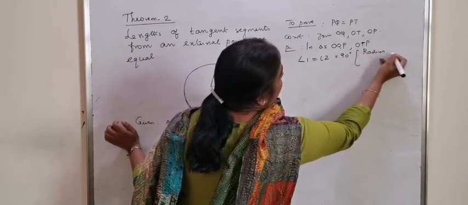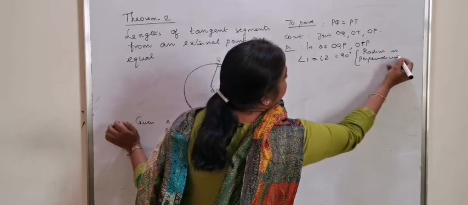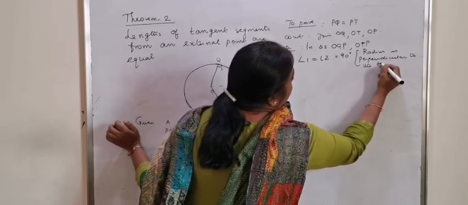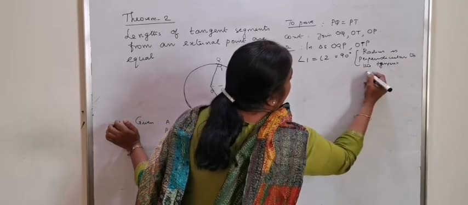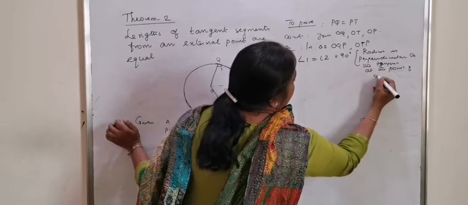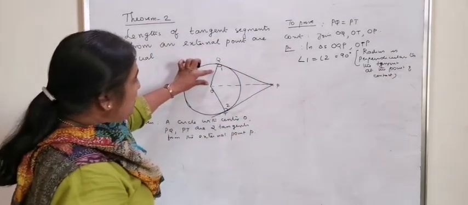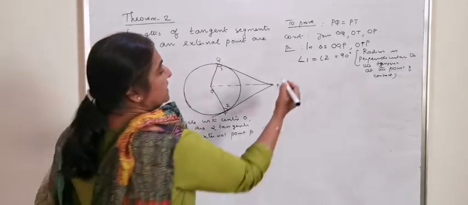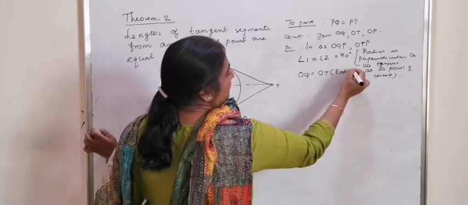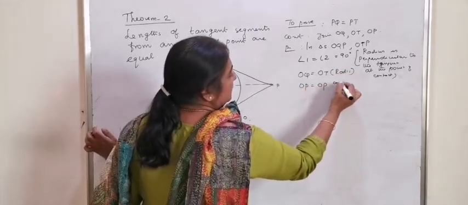Radius is perpendicular to the tangent at the point of contact, that means based on the previous theorem. And now OQ is equal to OT, radii, and OP is equal to OP, common.